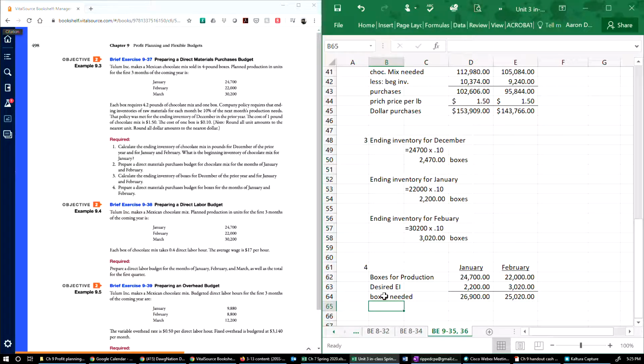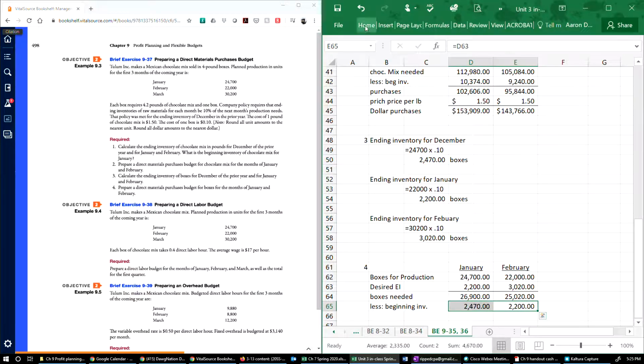Of course, now we're going to back out beginning inventory. All right, and as you might have guessed, beginning inventory for January is December's ending inventory, and February's beginning inventory is January's ending.